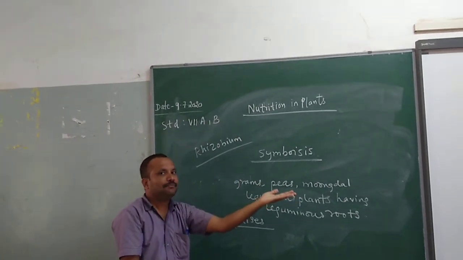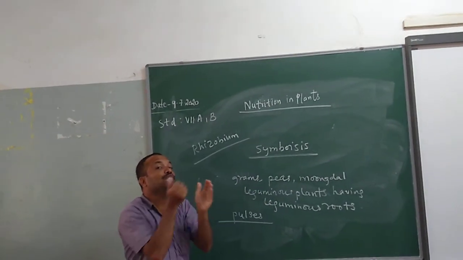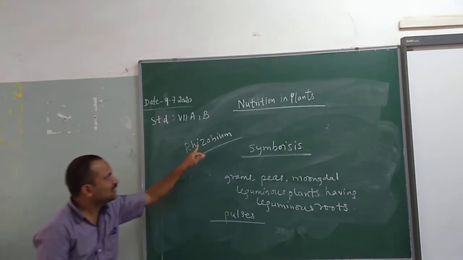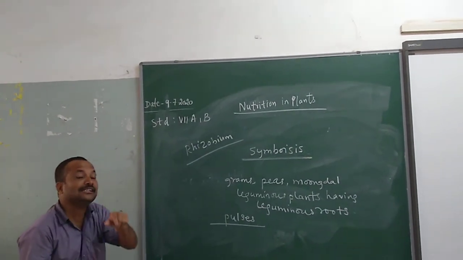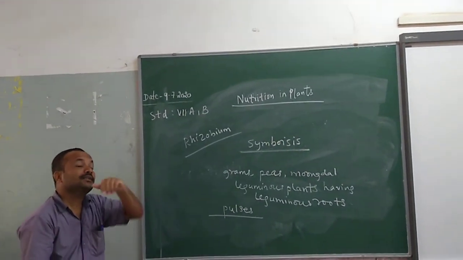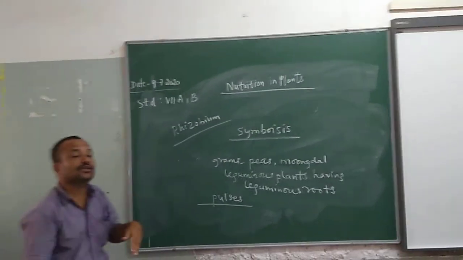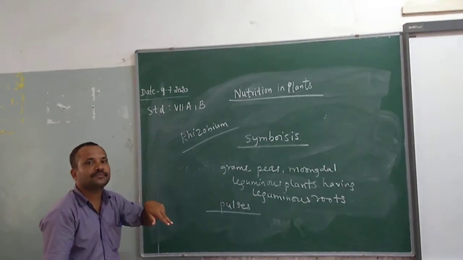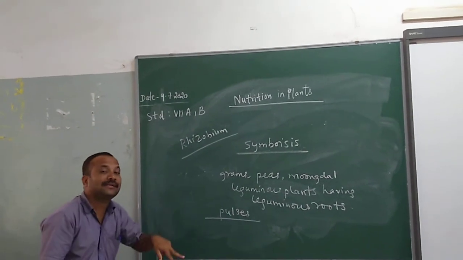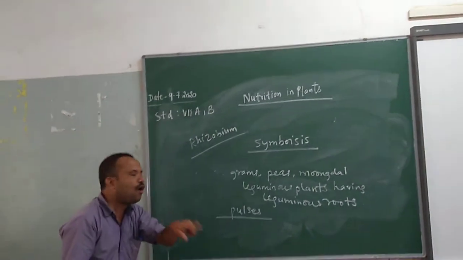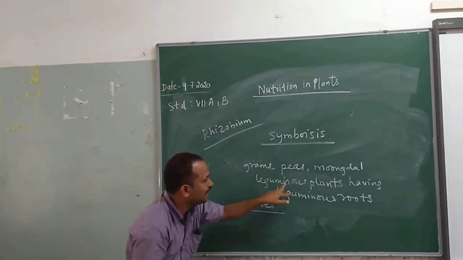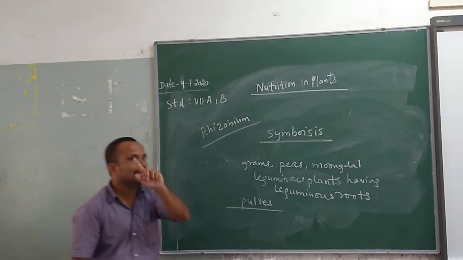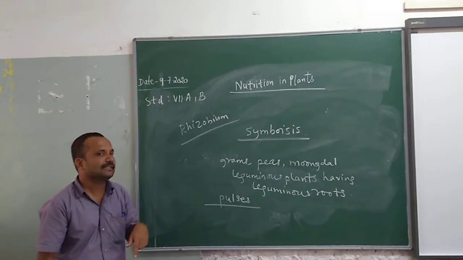Plant is giving shelter and nutrients for whom? For this rhizobium. So rhizobium will be present in the roots of leguminous plants. Leguminous plants will give us pulses.